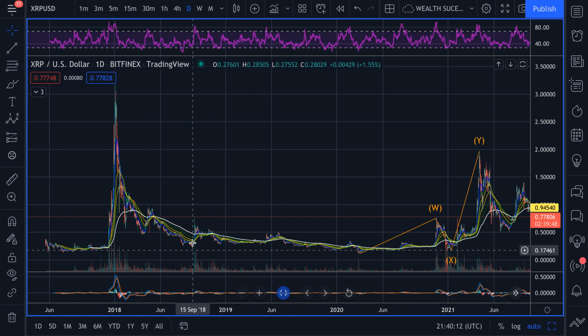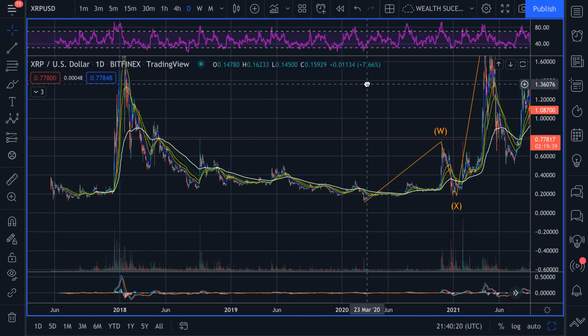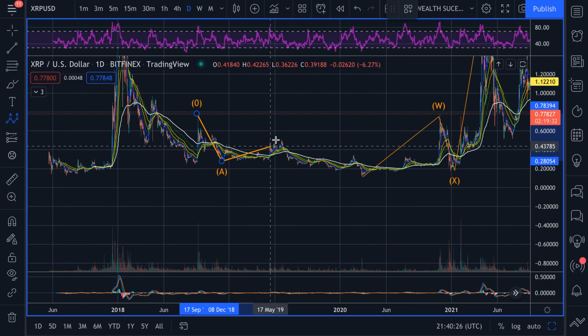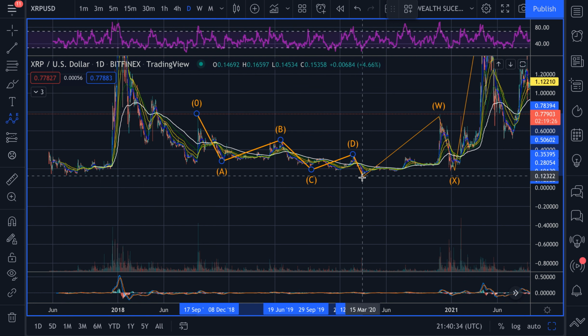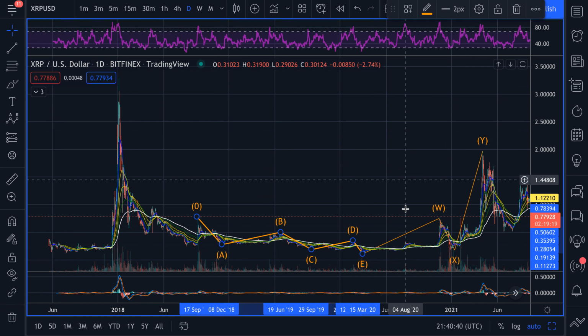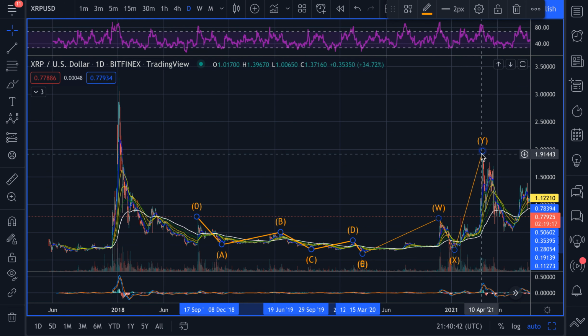And then it went up and rejected, and it started another correction. And this looks like one of the patterns I mentioned earlier. A, B, C, D, E was the second corrective shape. And then 1, 2, 3 waves.